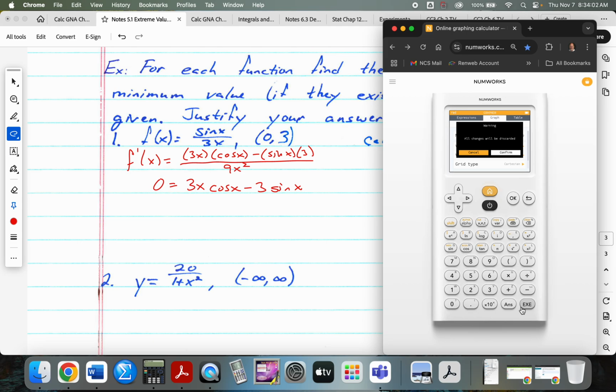Oh, hang on just a second. I don't like that you have to come down here and confirm it. Is there no 0 between those two? Graphing 3x times cosine of x minus 3 sine of x. Hang on just a second, see if I put something in wrong.